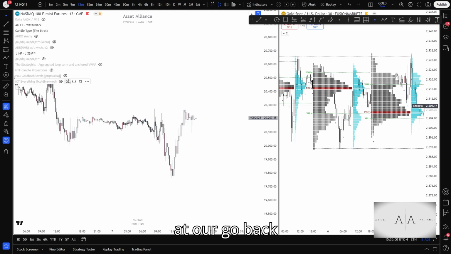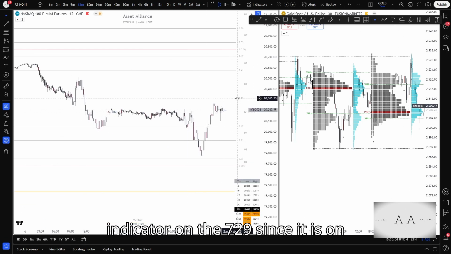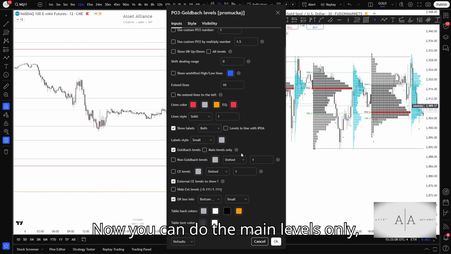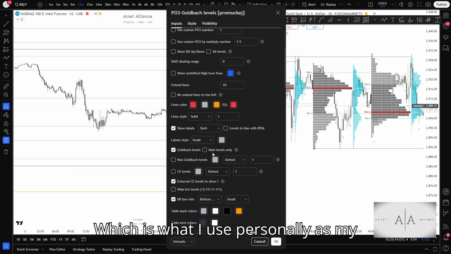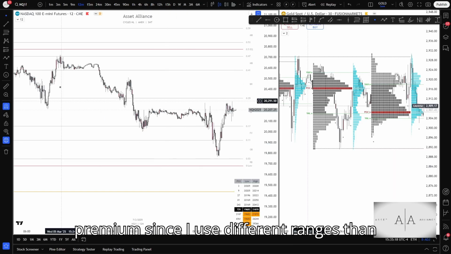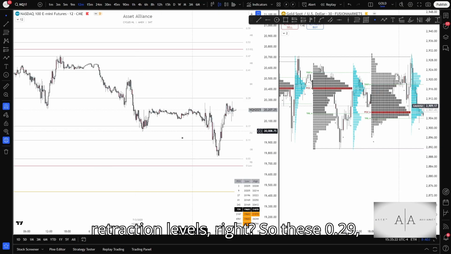So let's look at our Goldbach indicator on the 729, since it is on the automatic next PO3 number. Now you can do the main levels only, which would be the low, EQ, and high, which is what I use personally as my confluences to know of discount and premium, since I use different ranges than the Goldbach ranges in terms of retracement levels, right?